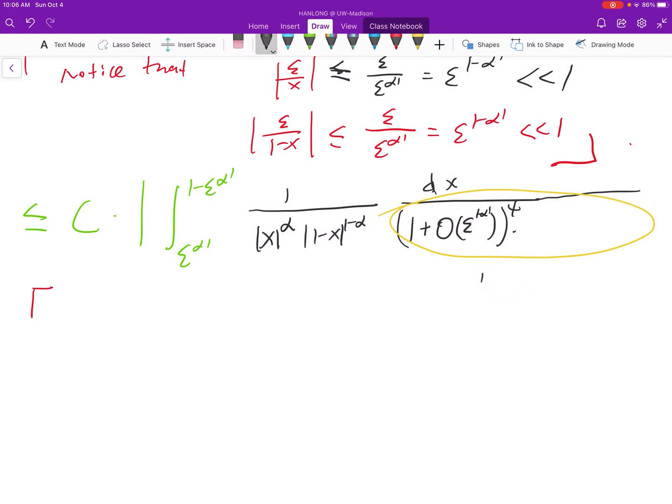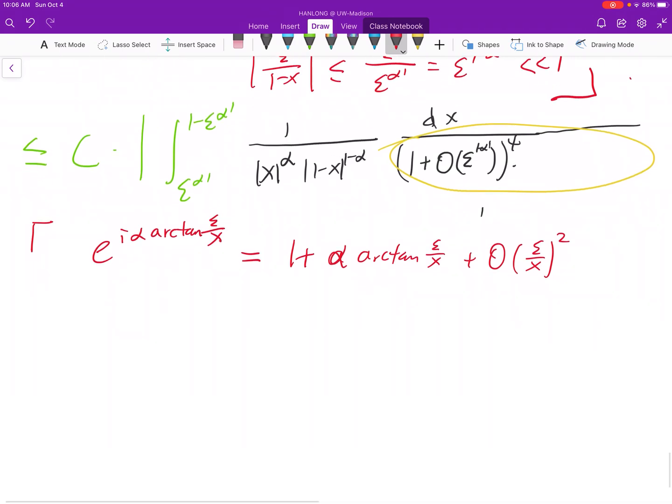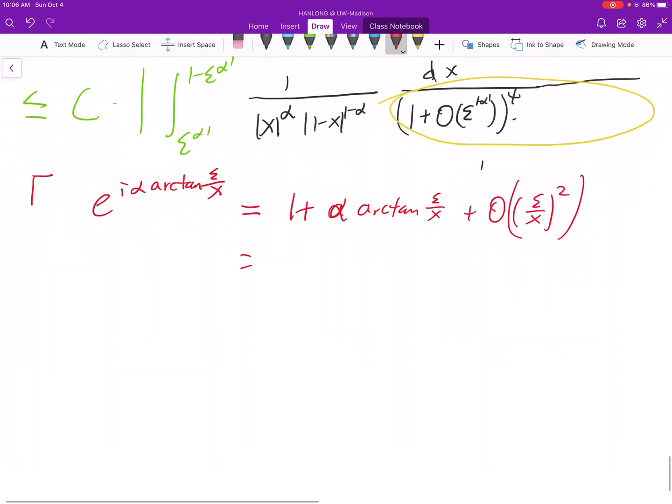Exponential I alpha arctangent epsilon over x is 1 plus I alpha arctangent epsilon over x plus O((epsilon over x) squared). And then it's 1 plus O(epsilon over x).